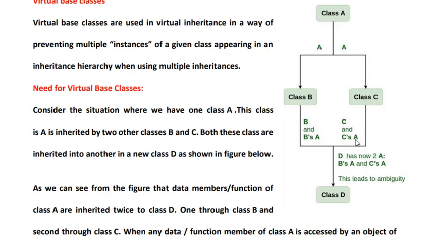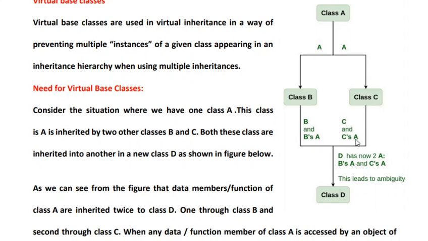This is one of the problems associated with hybrid inheritance. So in class D we have a single instance of B, a single instance of C, whereas two instances of A. This is what we need to prevent.